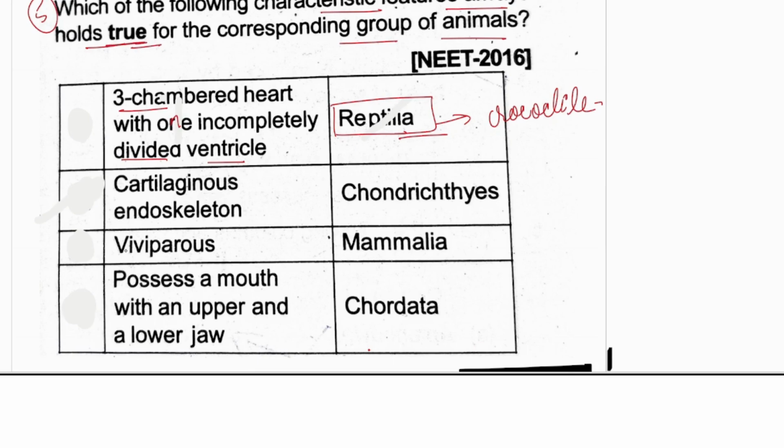So everything should be correct, right? So it is incorrect. Cartilaginous endoskeleton in Chondrichthyes is absolutely correct.